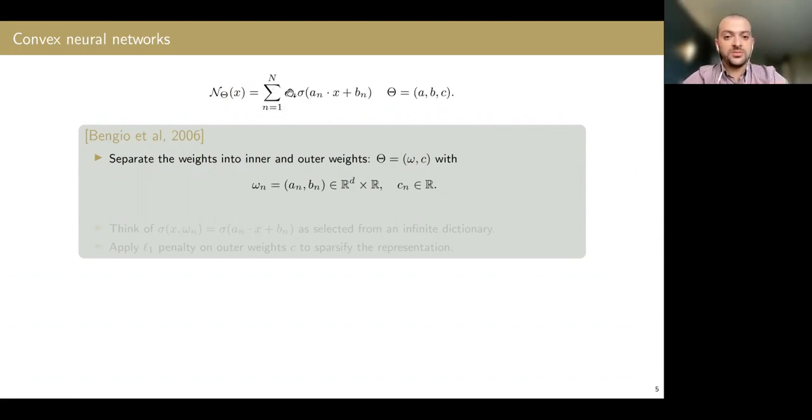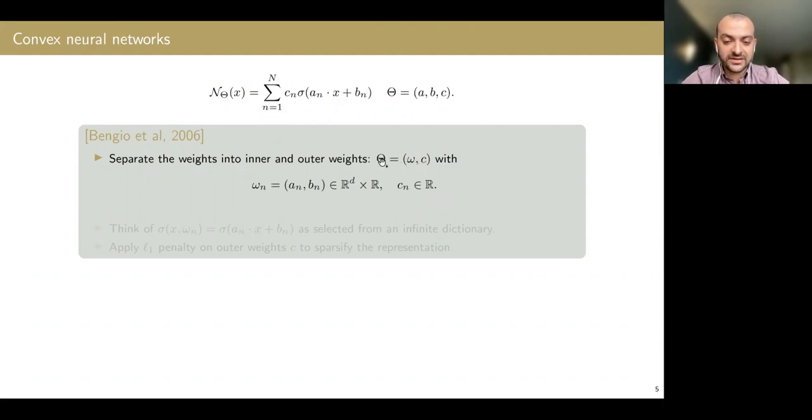And for the big N to be small, it is the same as saying we want a big number of the Cn's, the coefficients, the outer weights, to be 0, right? And so to solve this, Bengio and collaborators in 2016 proposed in a paper the following approach. So let's separate the weights into inner weights.